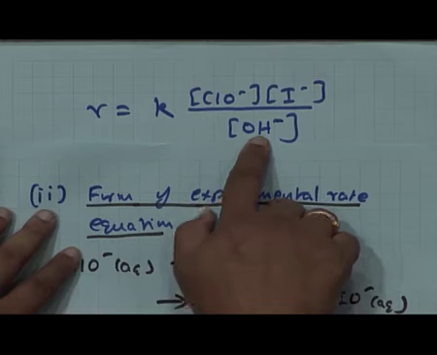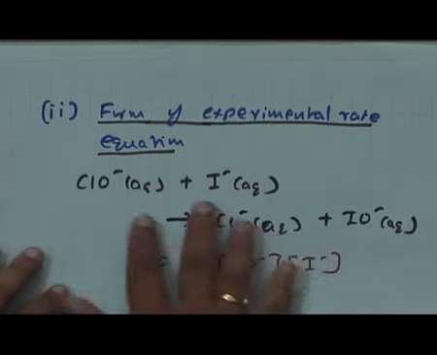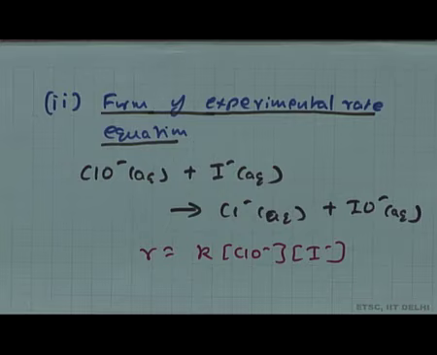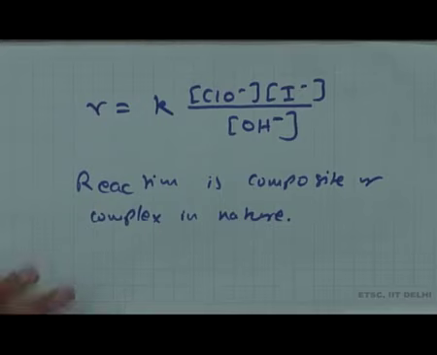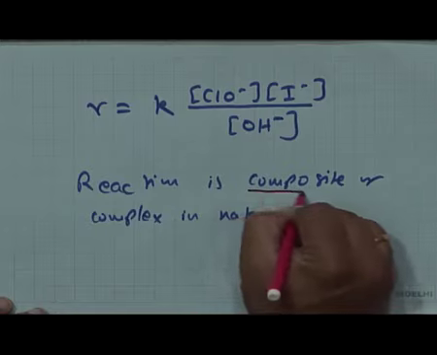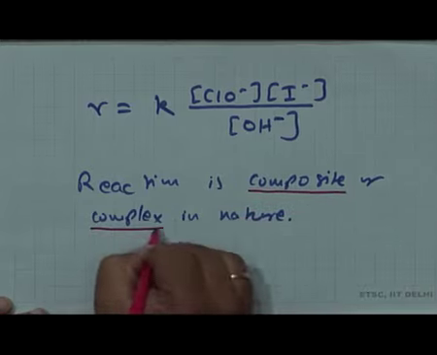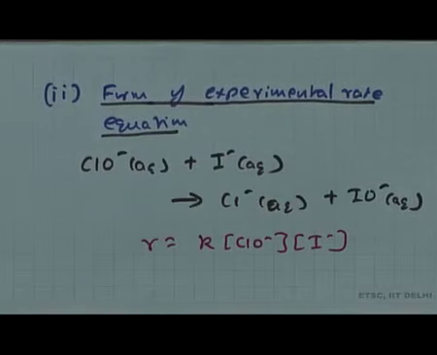But now you see there is OH minus coming in. OH minus did not figure in the stoichiometry of our reaction. So, this immediately tells you that the reaction is composite or complex in nature. So, that is why the name of this section, how you determine whether a reaction is complex or not, by looking at the form of this experimental rate equation.